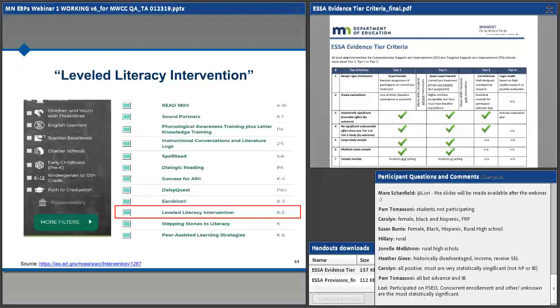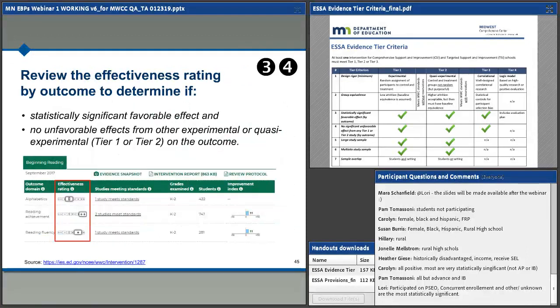We're going to click down into one of the results here called Leveled Literacy Intervention, which is a specific literacy intervention. And when you select that particular intervention, this is the landing page that is going to be viewed. I'm going to explain the different rows to you here. So you see in the very left column, the left column is called Outcome Domain. And that describes the outcome relationship that is being described.